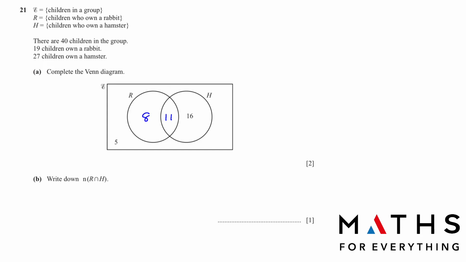Just to be sure, add all the numbers together and see that they are adding to 40. Always add this whole thing and they will equal the total elements in the Venn diagram. Write down n of R intersection H. So the number who have R and H, that is our intersection, the middle part here, and that is 11. That is our answer.